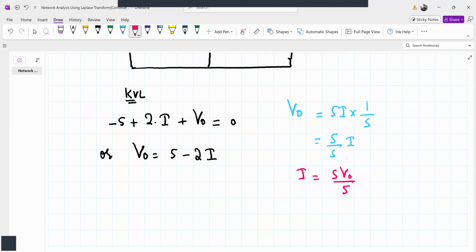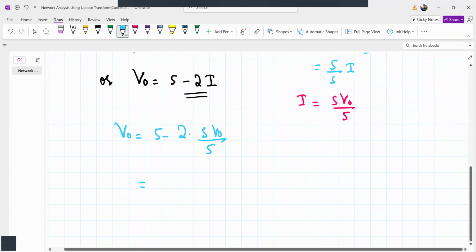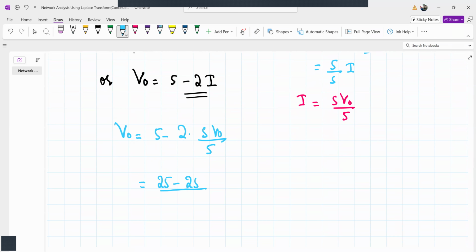Substituting this here, V0 will be equal to 5 minus 2s times V0 divided by 5. Sorry, I have done it wrong because we have a V0 term on this side.